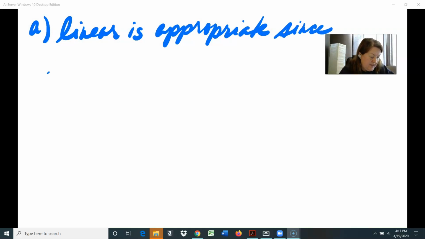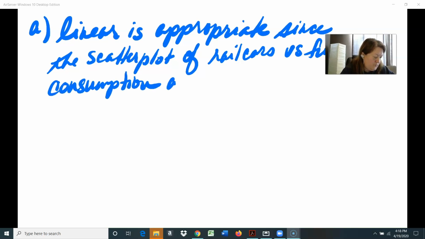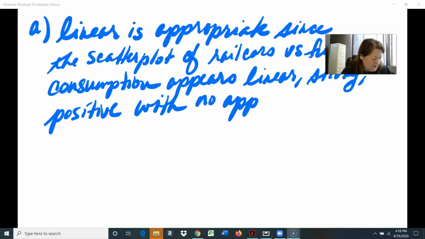Since the scatter plot, and you can't just call it the scatter plot, you've got to use context, of rail cars versus fuel consumption appears linear, strong, positive, with no apparent outliers.